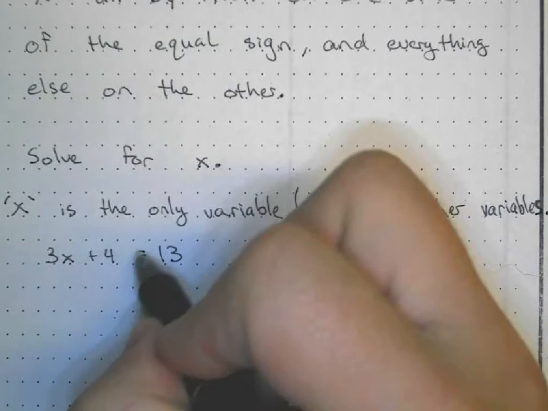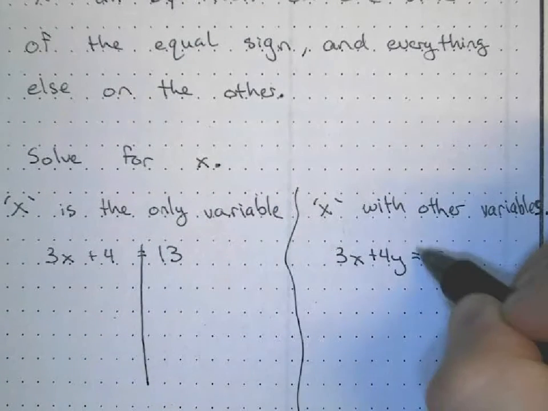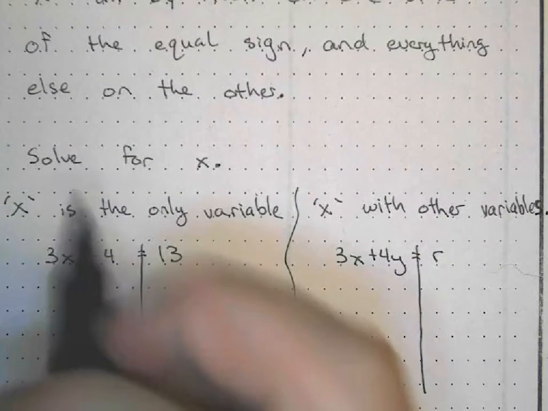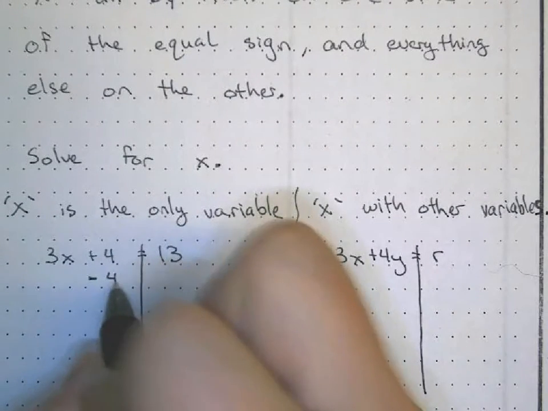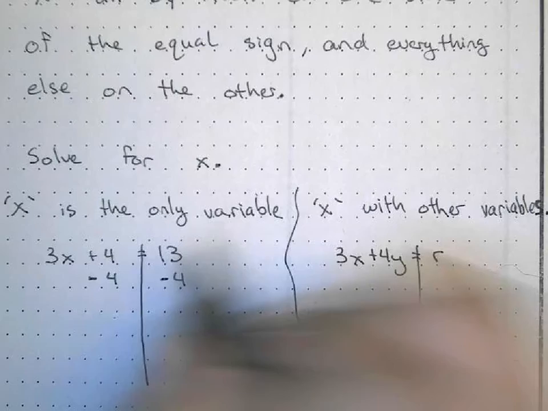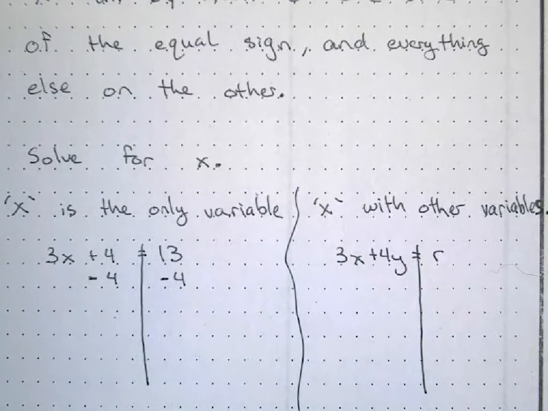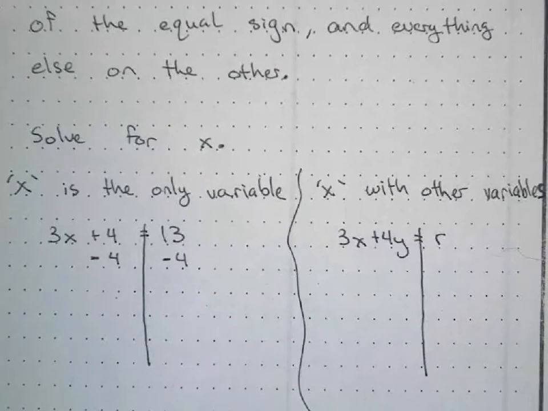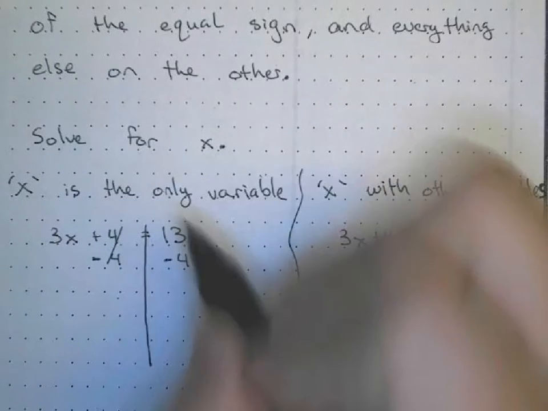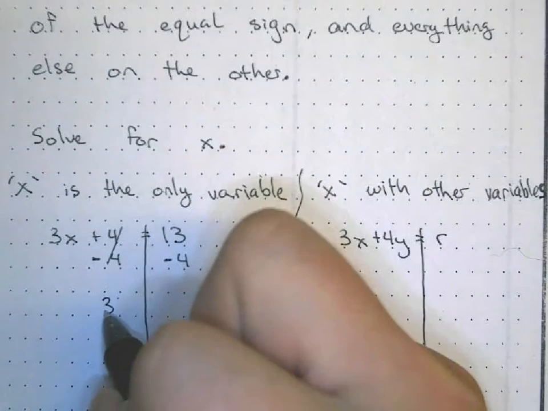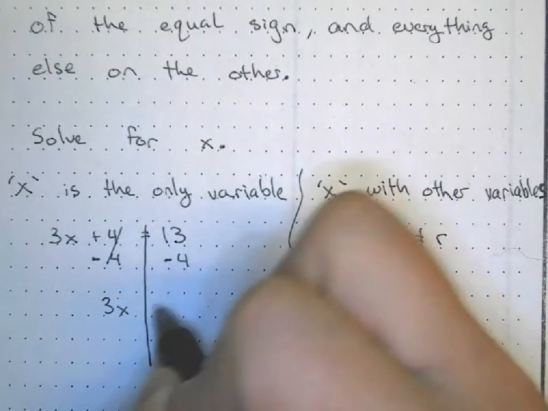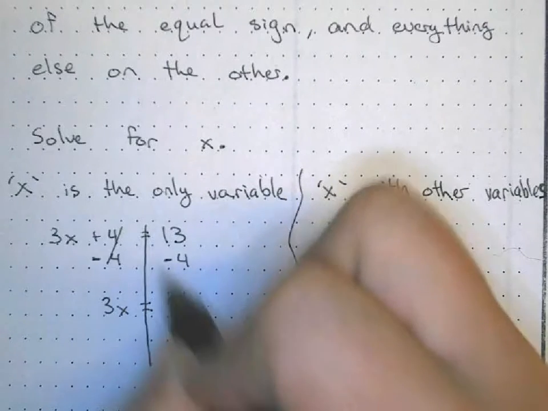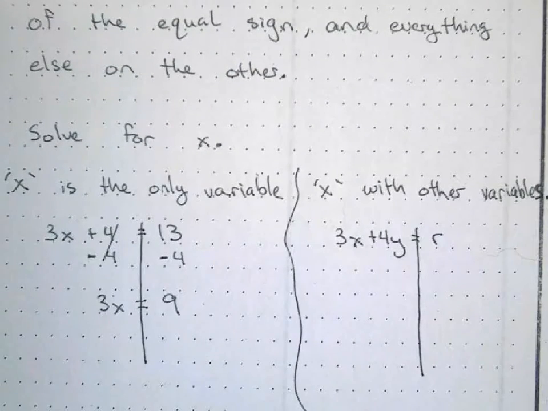On my left-hand side, we'll draw our lines for organization, and I'm going to follow my steps where I'm doing addition or subtraction first. So I'm going to subtract 4 from both sides first. So I cancel that out. 3x is left over here, and then I do 13 minus 4 is 9. Bringing down my equal sign, I have 3x equals 9.